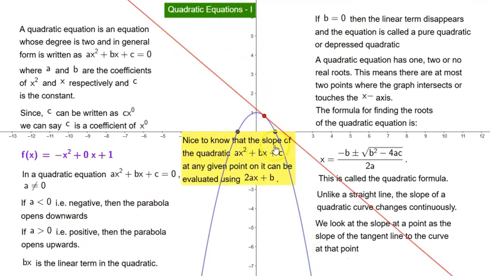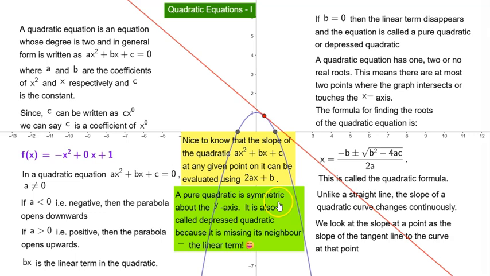Nice to know that the slope of the quadratic ax square plus bx plus c at any given point on it can be evaluated using 2ax plus b. So you use this formula to arrive at the slope of the tangent line at this point. That means it is the slope of the curve at this point.